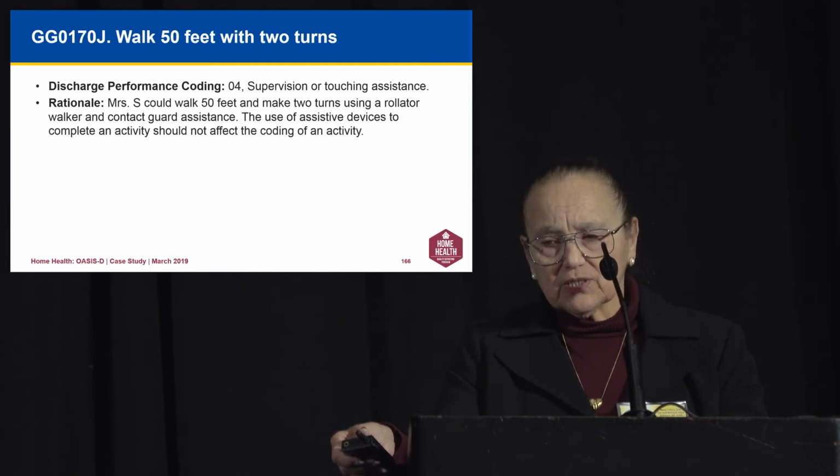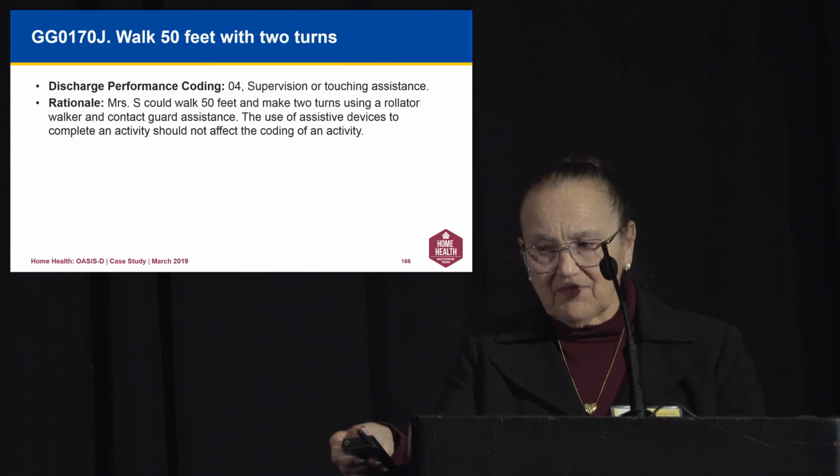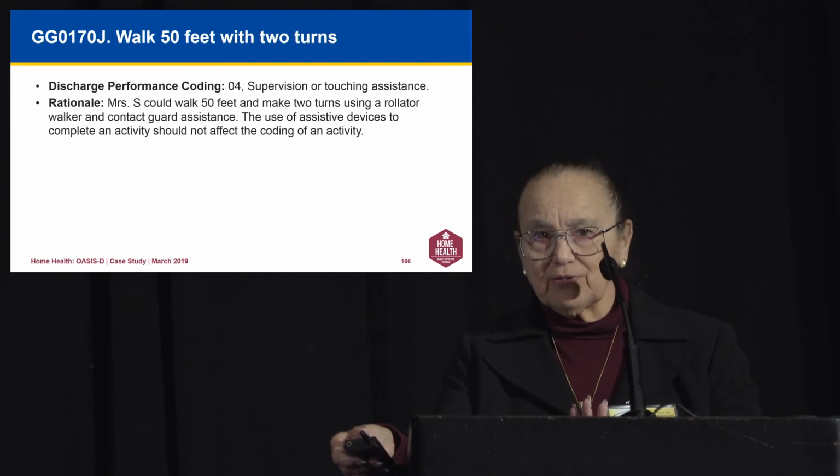Upon discharge, Mrs. S can now walk 50 feet and make 2 turns using the rollator walker and contact guard assistance. The use of the assistive device to complete the activity should not affect the coding of an activity. She was an 04 because she required supervision or touching assistance of a person, but the rollator walker does not affect the coding level.